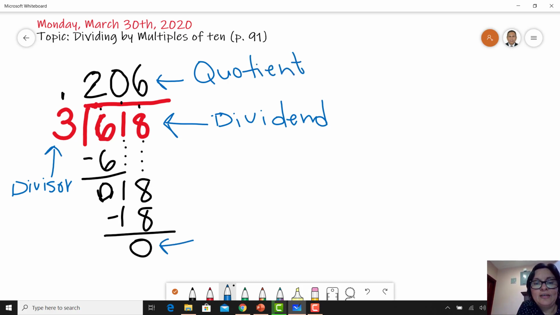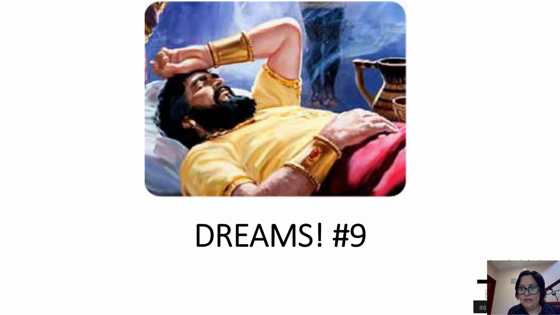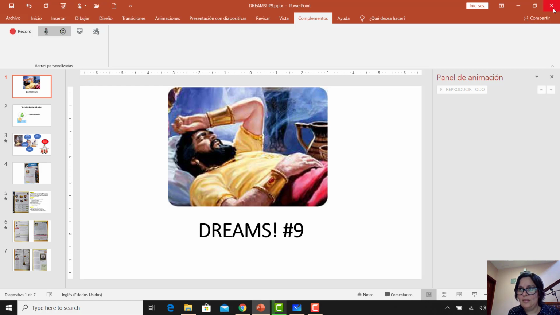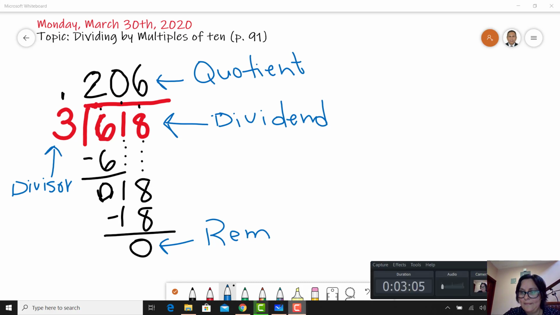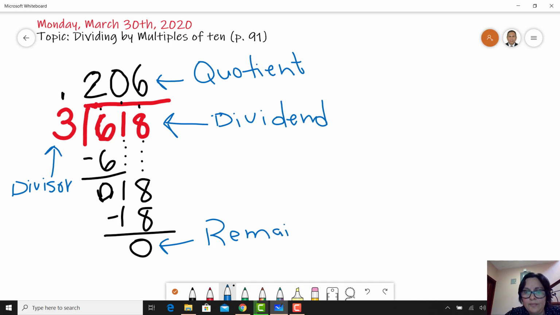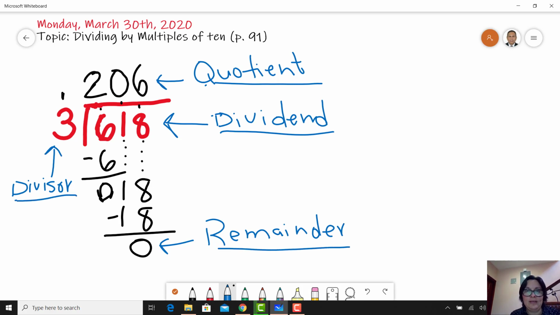And this number here is the remainder. So let's repeat: quotient, dividend, divisor, and remainder.